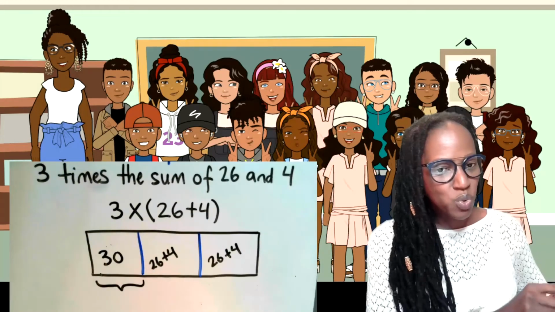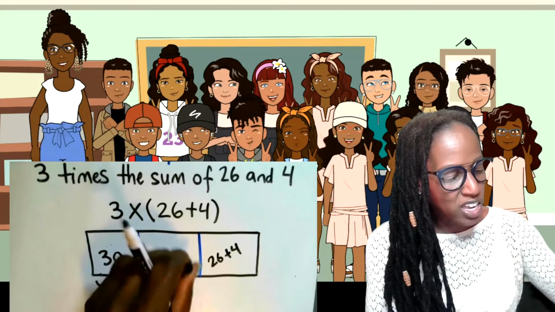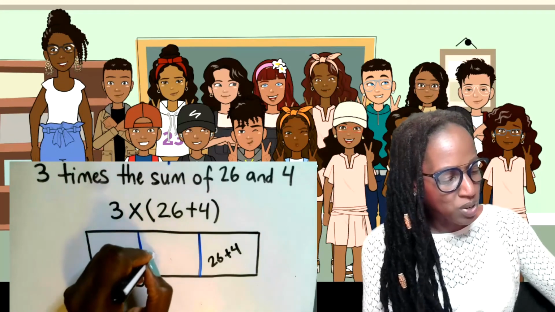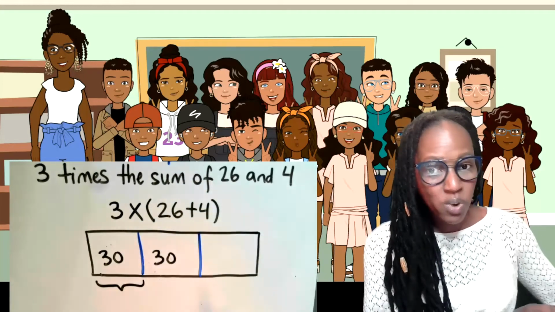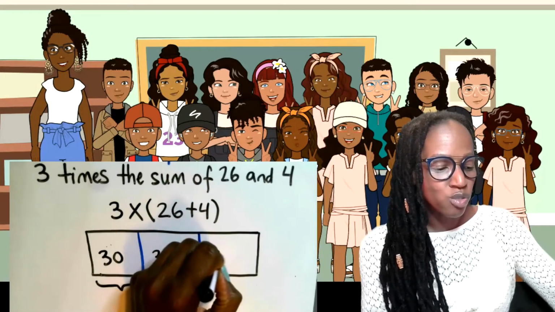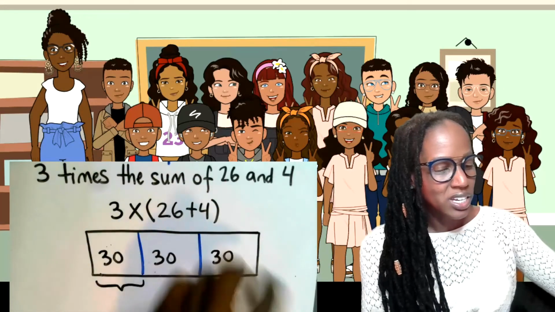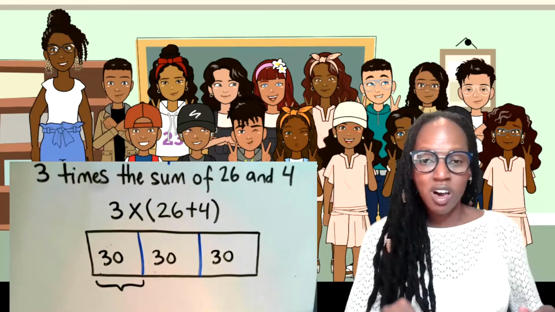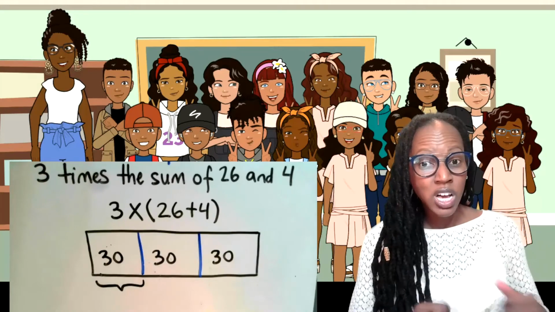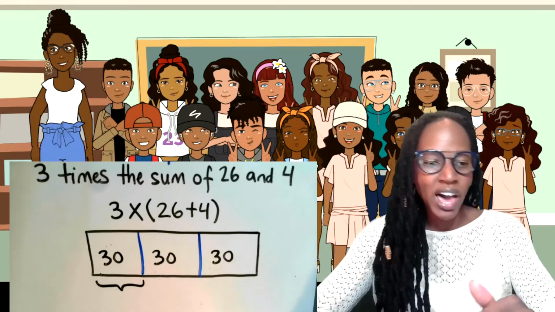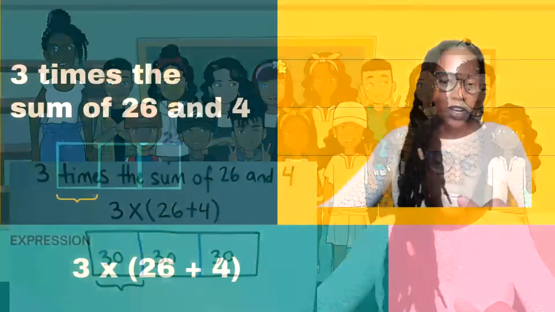Okay, and so what I'm going to do now is evaluate that term by putting a 30 in each unit. Now, have I finished evaluating the entire term? No, because I have 3 times the sum of 26 and 4, or 3 times 30. So I must go back and finish evaluating that expression.